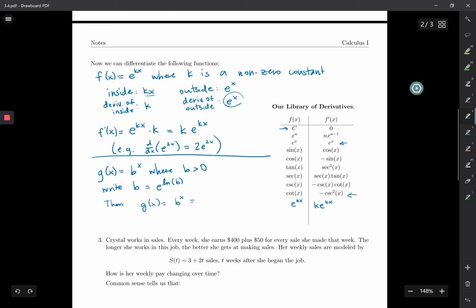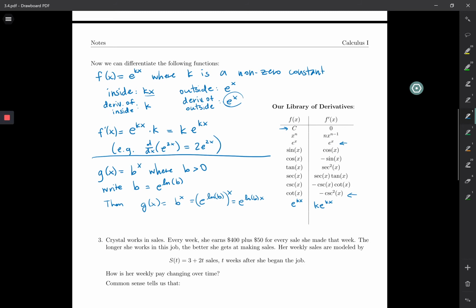When we rewrite b in this way, we get e to the natural log of b, to the x. And remember that from our exponent laws, we just multiply these two things together, and in the exponent we get natural log of b times x. And remember, natural log of b is just a number, so this is just a constant.